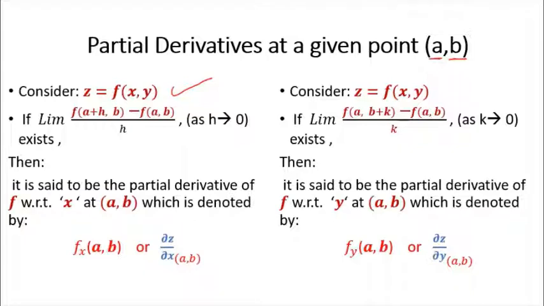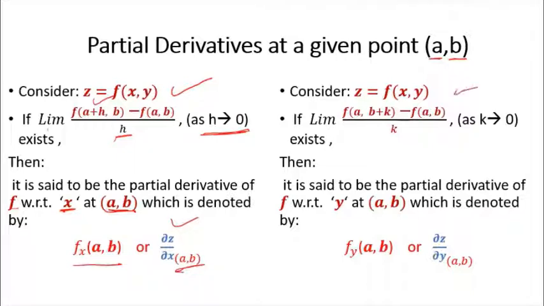If the limit of f of a plus h comma b minus f of a comma b, by h as h tends to 0, exists, it is said to be the partial derivative of the function f with respect to x at the point a comma b. It is denoted by fx of a comma b, or you will say it is dou z by dou x at the point a comma b.